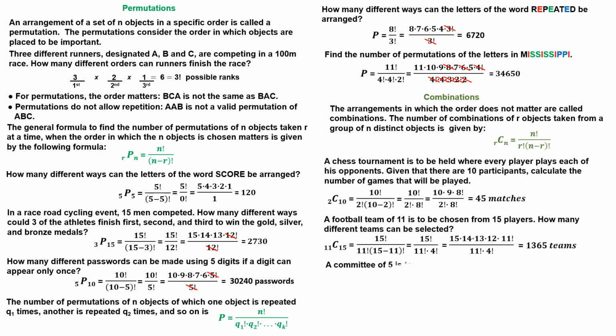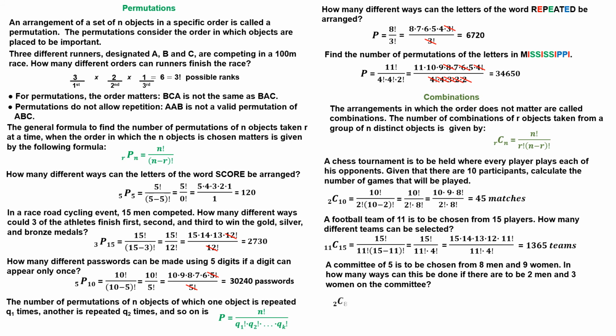A committee of 5 is to be chosen from 8 men and 9 women. In how many ways can this be done if there are to be 2 men and 3 women on the committee? The number of ways of choosing the men is the number of ways of choosing the women is.